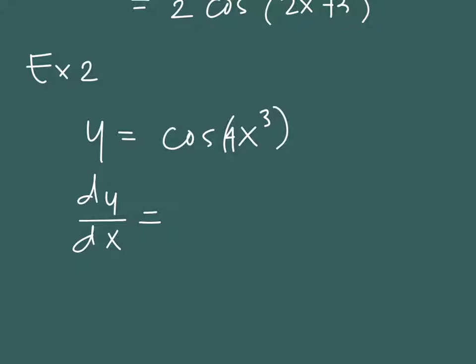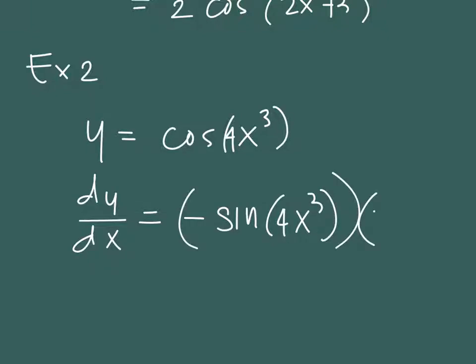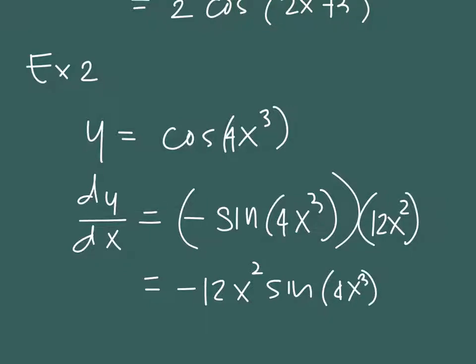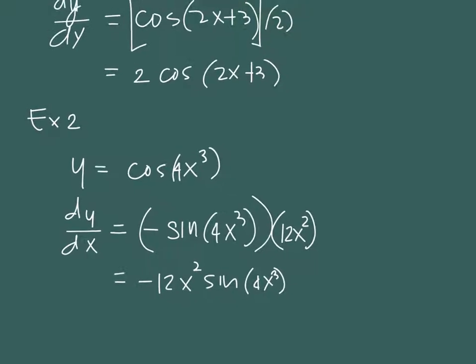So, negative, iano mo natin yung process, negative of sine 4x cubed, this will be multiplied to 12x squared, or negative 12x squared sine of 4x cubed. Yan. Okay? And ganoon lang, parang extension lang siya nung kanina.